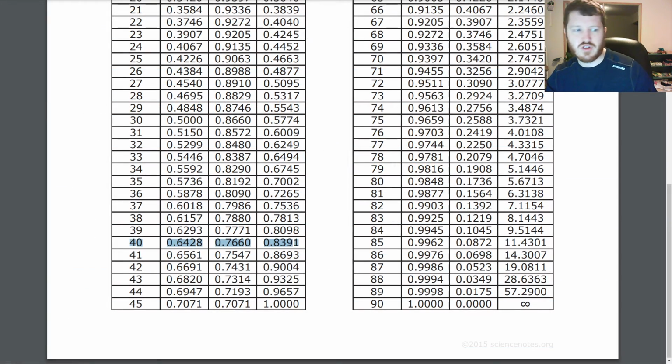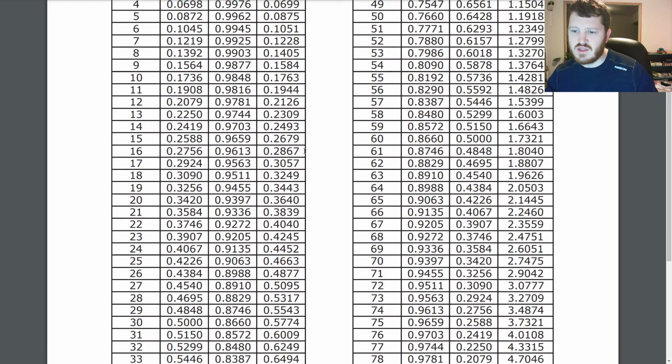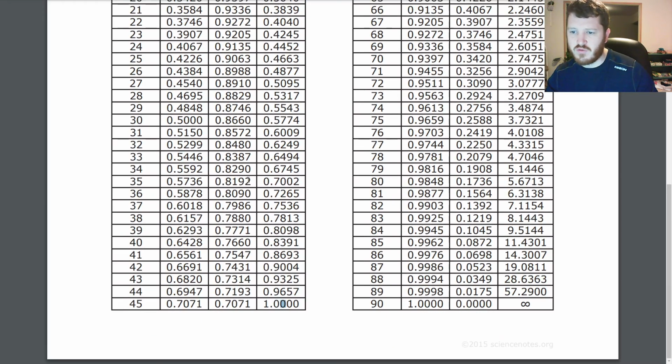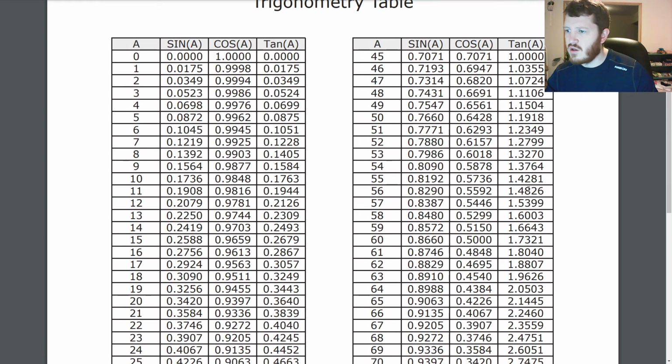Now we'll go back to the chart. When we search for 1.2, we can see that it's an angle that's more than 45 degrees, because all of the 45 degree angles are less than 1. 1.2 is pretty close to here, 50 degrees.